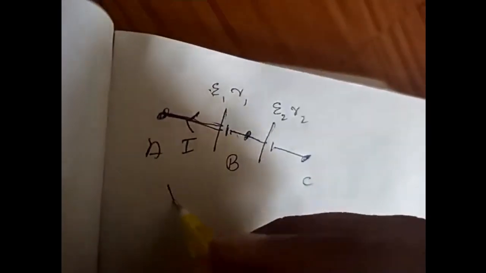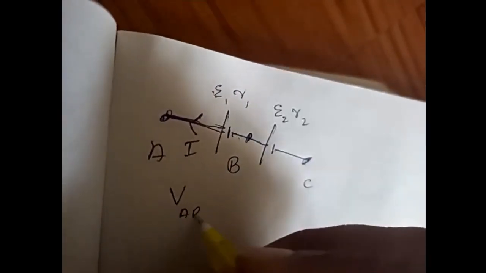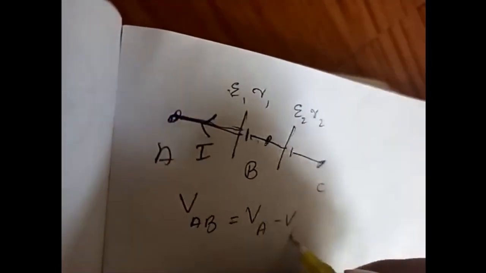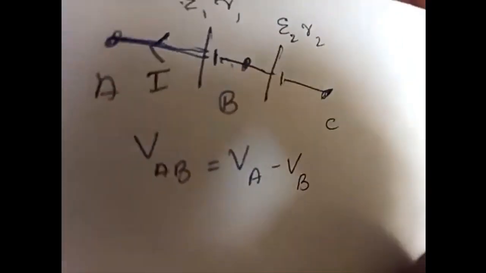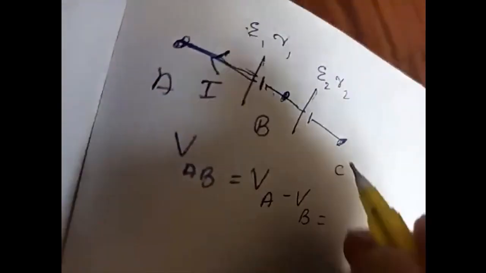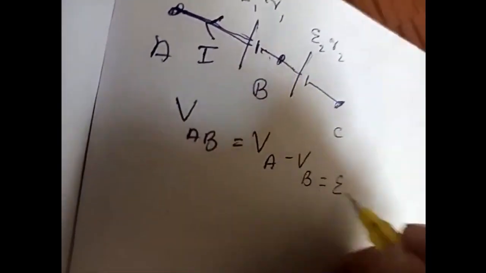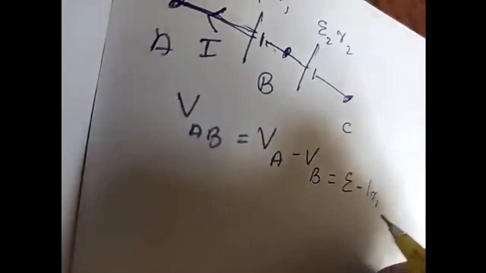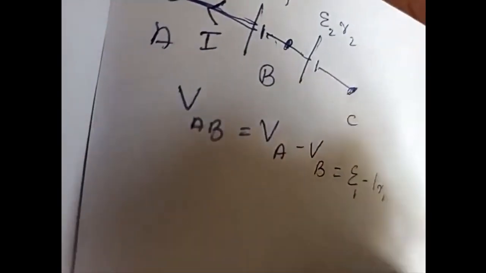It will be equal to V_AB, that is V_A minus V_B, higher potential minus lower potential. That will be equal to E1 minus IR1.